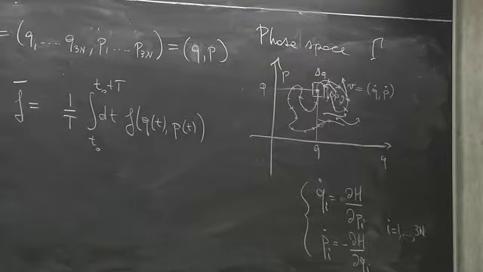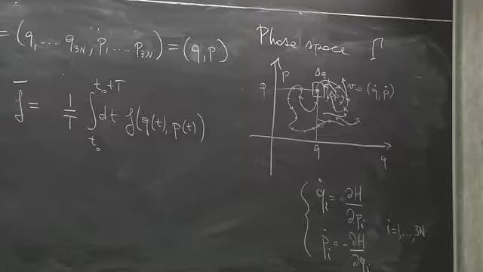So you want to have in your ensemble a number of points in each infinitesimal volume which is essentially proportional to the frequency with which the system will pass in that volume. Okay?